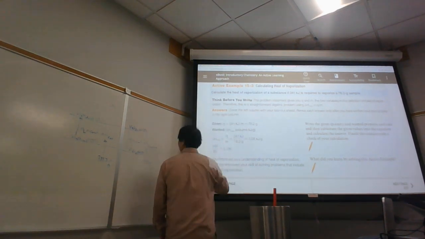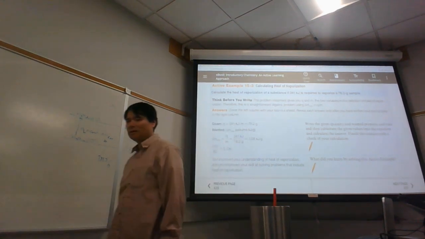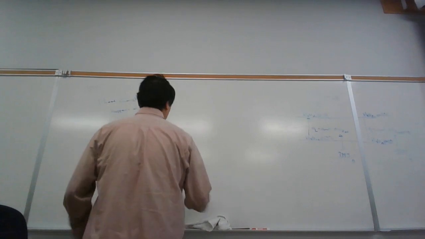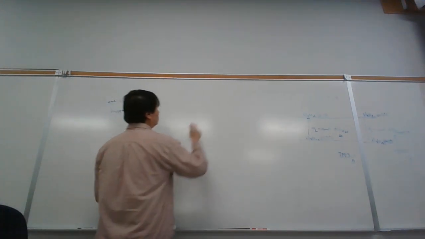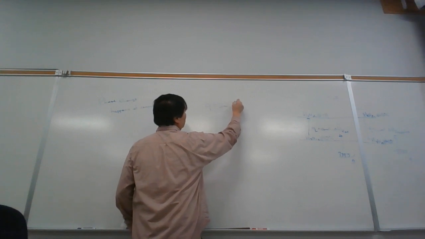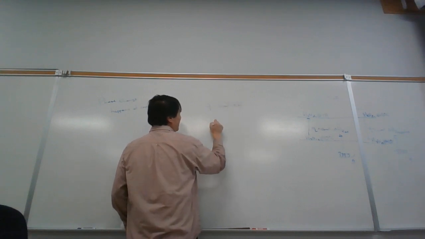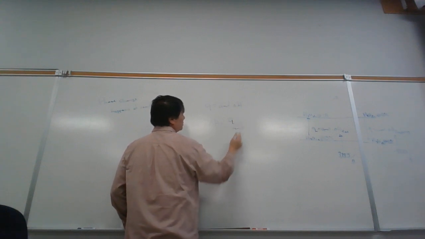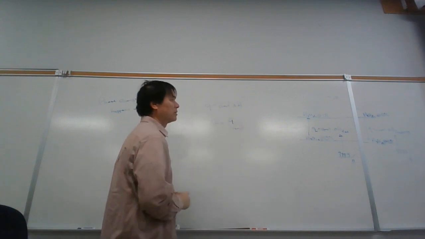So here, they just solve the equation. Q is equal to amount times delta H. And if we want delta H, then delta H is equal to Q divided by the amount, the ratio. And so that's what they have here.